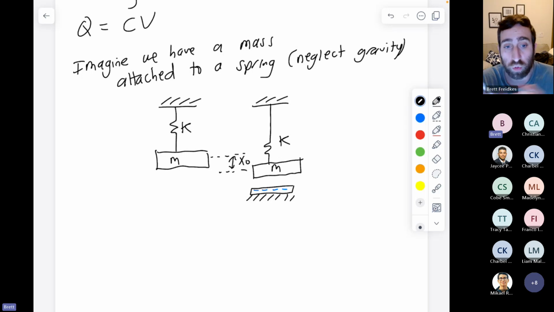So if I were to put, let's say, negative charge on a plate nearby, any positive charge that's on the mass will accumulate close to the plate. And then their attraction will cause the spring to deflect some amount and the mass will move downwards a bit. And we'll say that this is our equilibrium position.